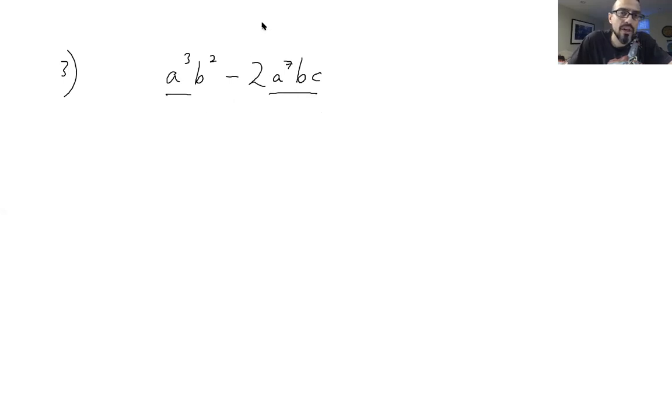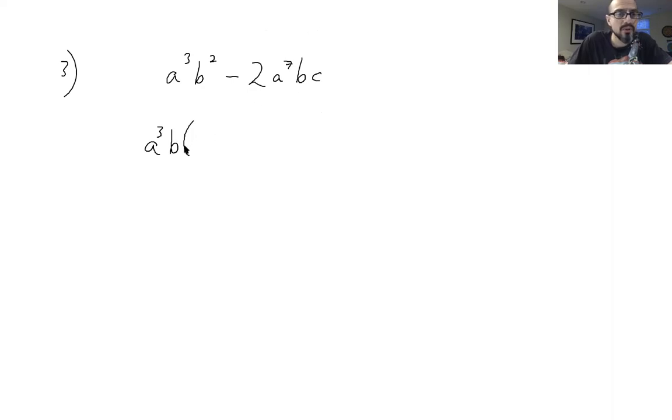So we can only common factor out a and b. Now, what powers do I take out? You take out the lowest power that's there. So I'm going to take out a cubed, and I'm going to take out b to the power of 1, because those are the lowest powers of a and of b in the 2 terms.